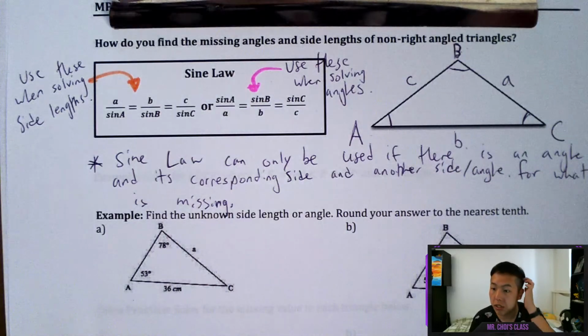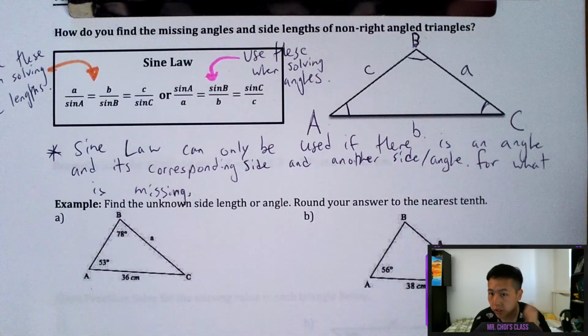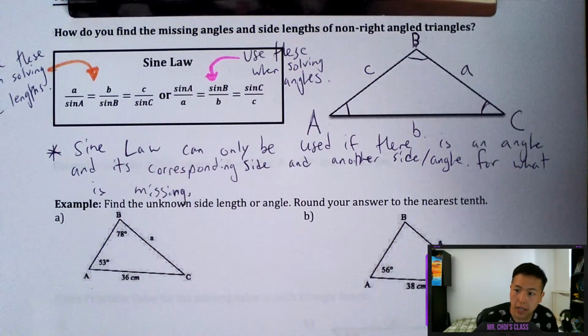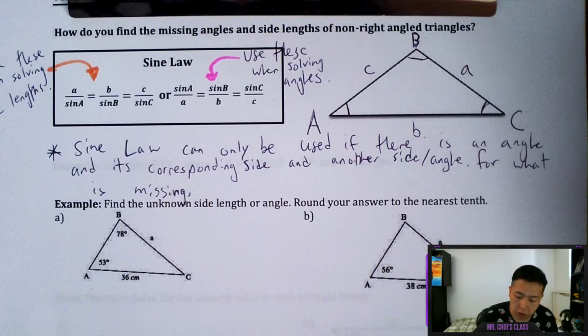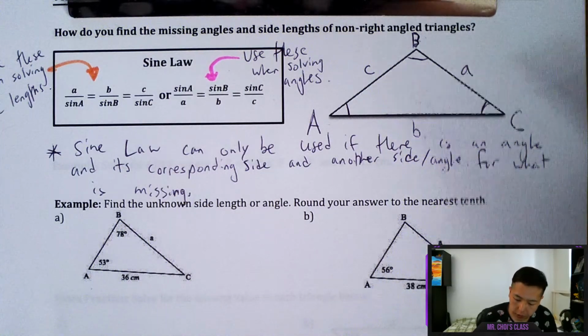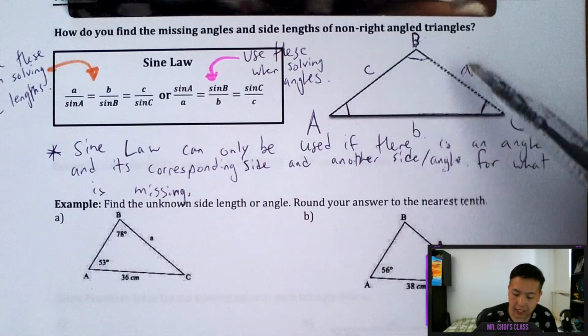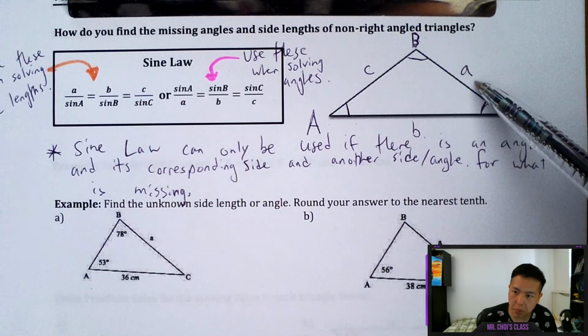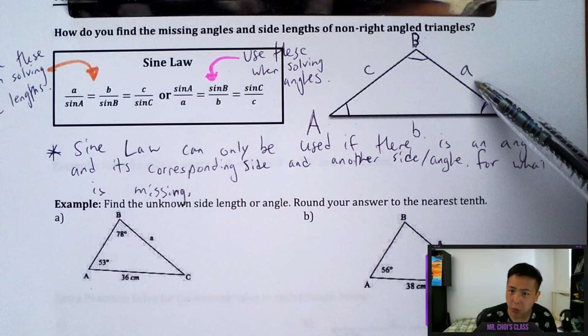So let's kind of go over this as an example, because me writing this is probably not making too much sense. Sine law can only be used if there's an angle and its corresponding side and another side and angle for what is missing. So the main thing you want to look for, if I have angle A, I need side A. Like I need a matching corresponding angle side pair if I even want to use the sine law.